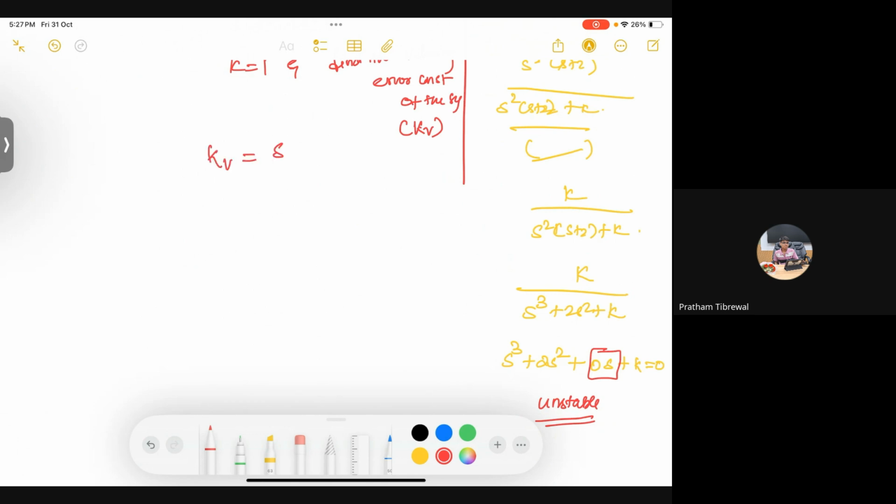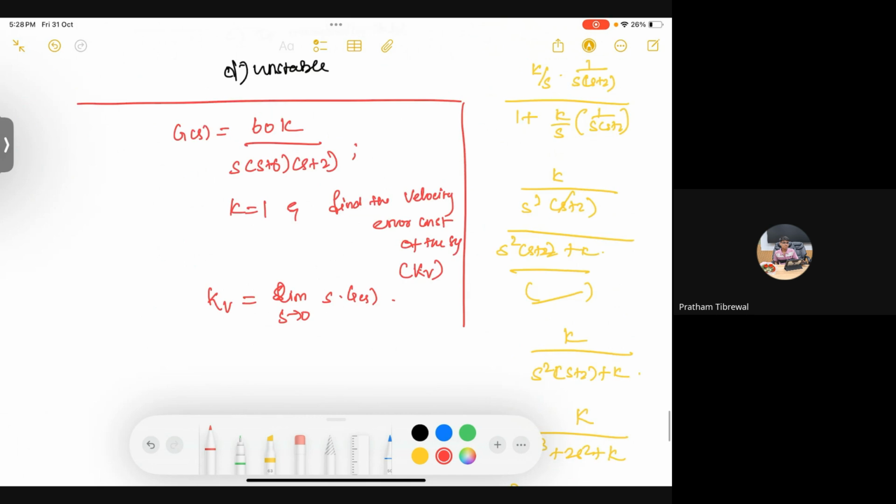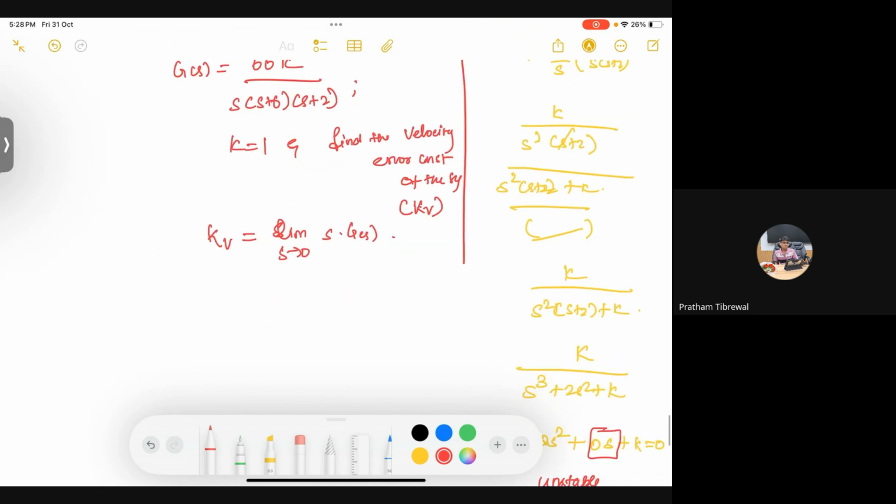We know that Kv is limit s tends to 0 of s into G of s, right? So G of s was given here. Can you work it out and let me know the answer? It's straightforward. Limit s tends to 0 of s into 60K by s into s plus 6 into s plus 2.